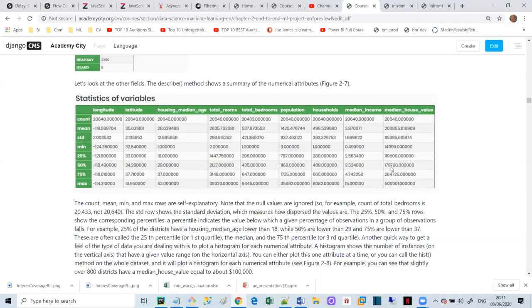On the other hand, when I look at the average, it's 207, which is quite substantially higher than the median. Do you agree? 207 is almost 15% higher than 180. Let's say at least 10%, about 10, 11%.